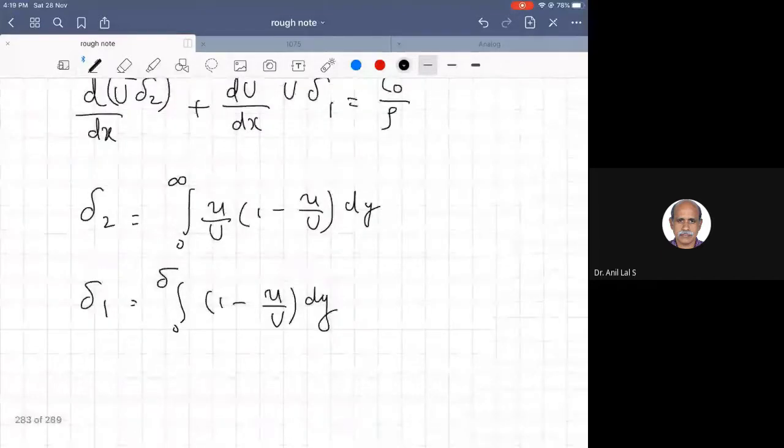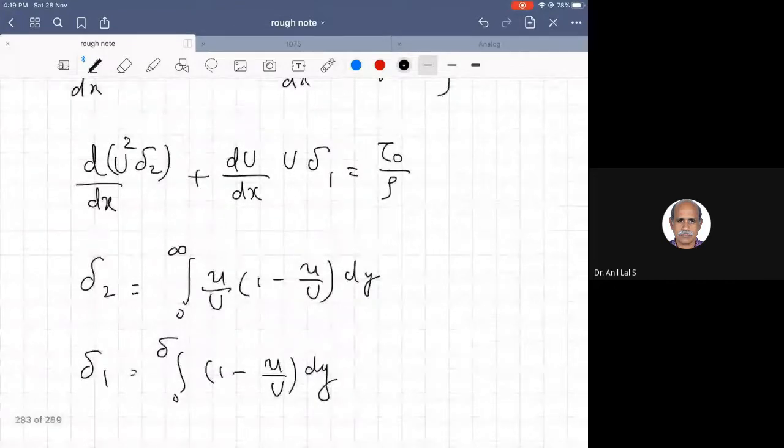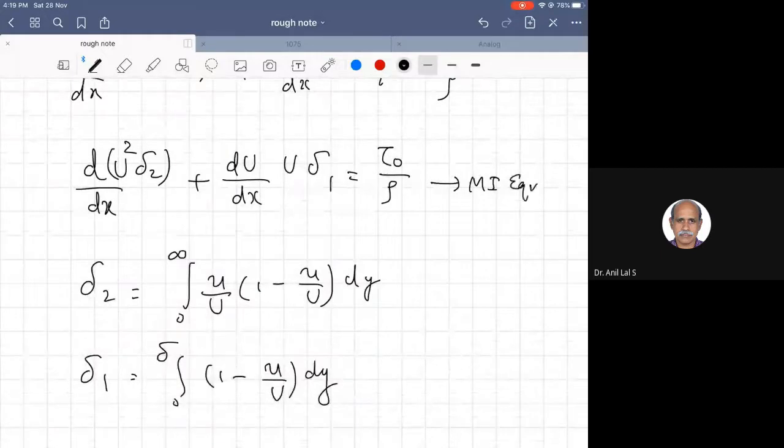So these are the equations. This is called the Von Karman momentum integral equation, or the MI equation.